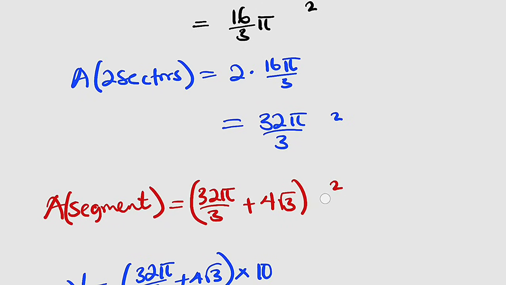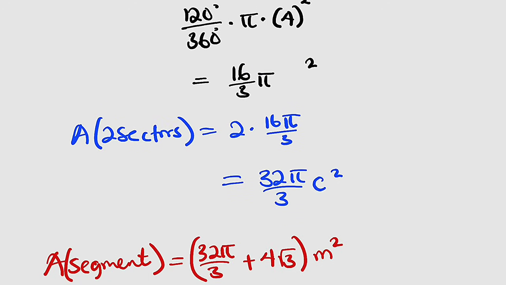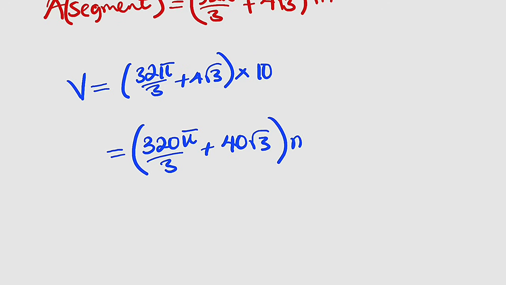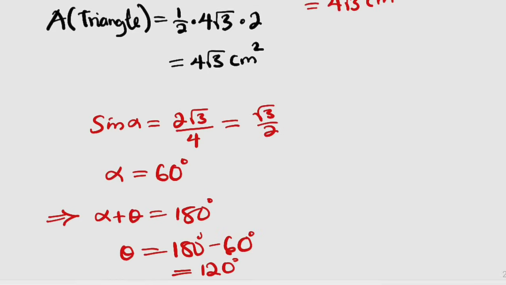They're all supposed to be in meters. This is meter squared. All right. If you multiply by 10, this becomes 320 pi divided by 3 plus 40 root 3, all of them meter cubed. And hence, this is said to be the volume of the water in this container.